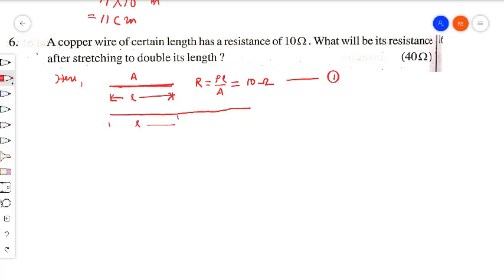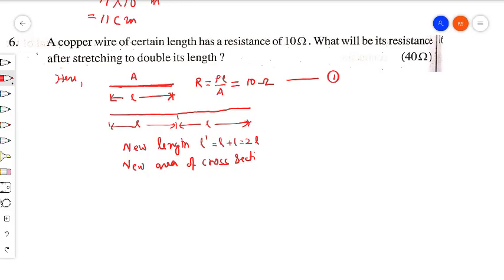So the new length L prime is L plus L, that is twice L, so it becomes double. Then you have to find out the new area of cross section.